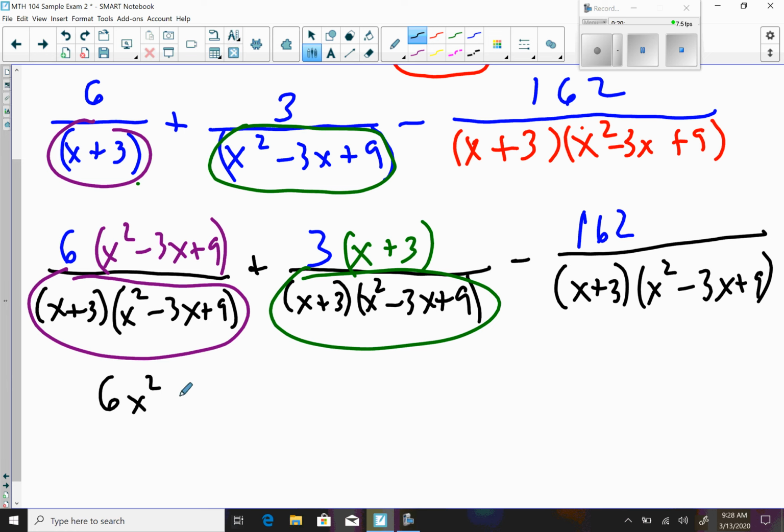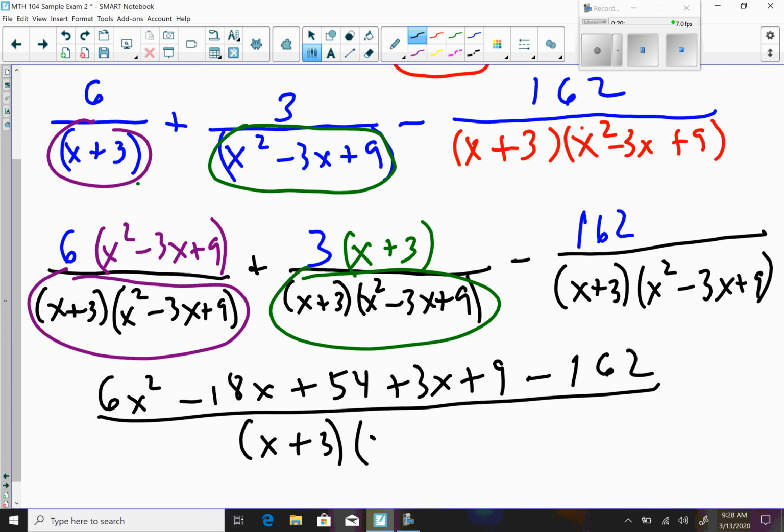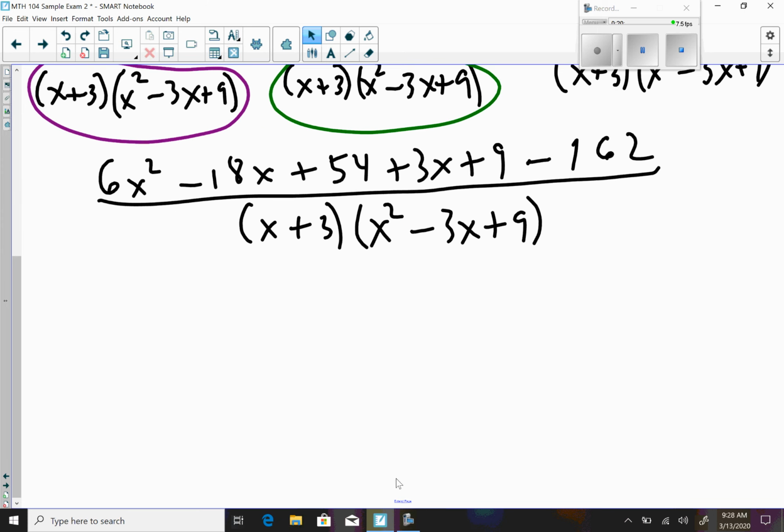So 6x squared minus 18x plus 54 plus 3x plus 9, distributing the 6, distributing the 3, and we have minus 162 all over the common denominator. We will now combine like terms. There's no other x squared term except the 6x squared.